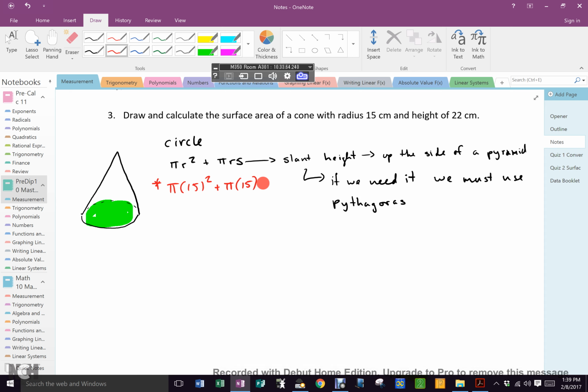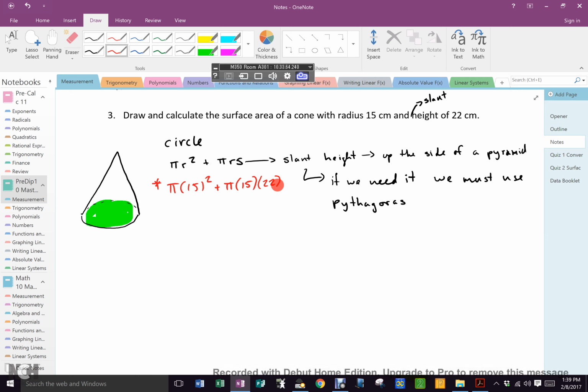No, I don't. So what would I have to use right now? Pythagoras. I don't want to use Pythagoras right now because there's a reason. What I want you guys to do is right here, write the word slant. Let's pretend we do have a slant height. My slant height is 22. So what goes in here for S? 22. Is everyone cool with that?